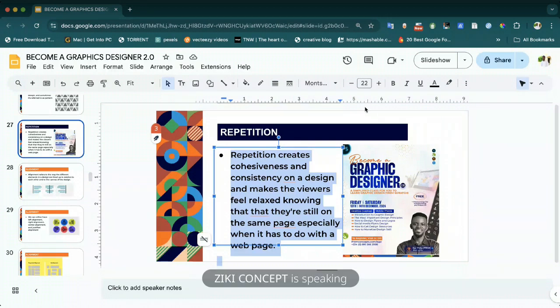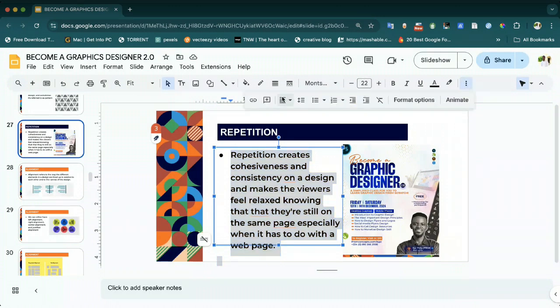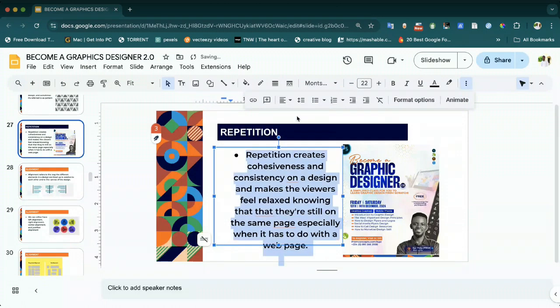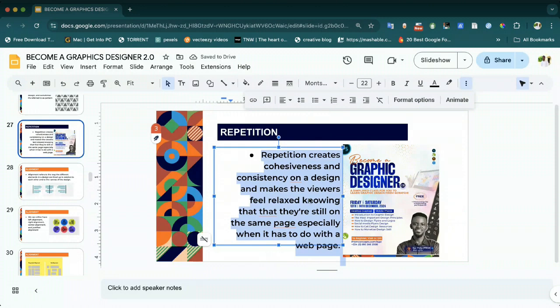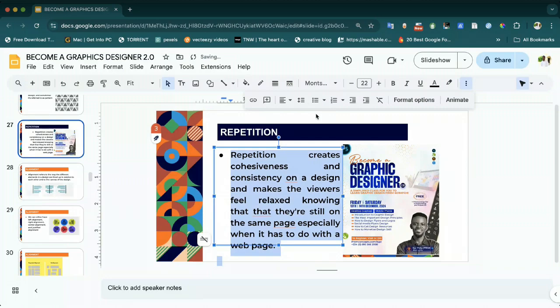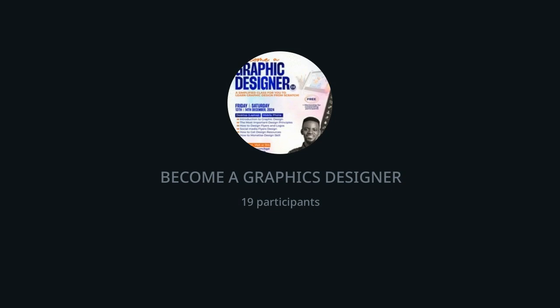Yes, sir. Okay. Now it's aligned to the left. I've aligned it to the center now. I've aligned it to the right now, like normal text alignment. Now justify: we make sure that both the left and right sides are aligned straight.